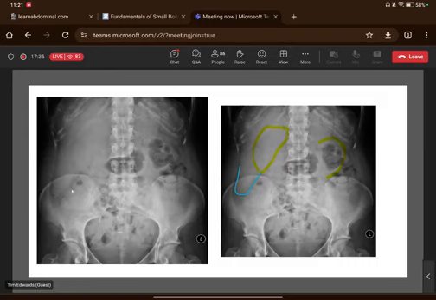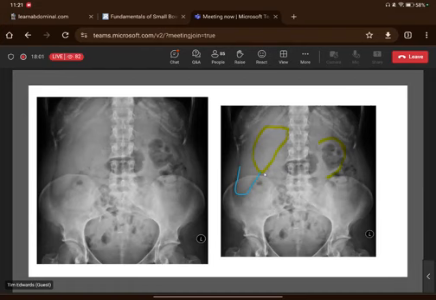This is Riedel's lobe of the liver, which is an extension of the right lobe of the liver that runs further than it should down into the pelvis, and has this rounded appearance at the end.